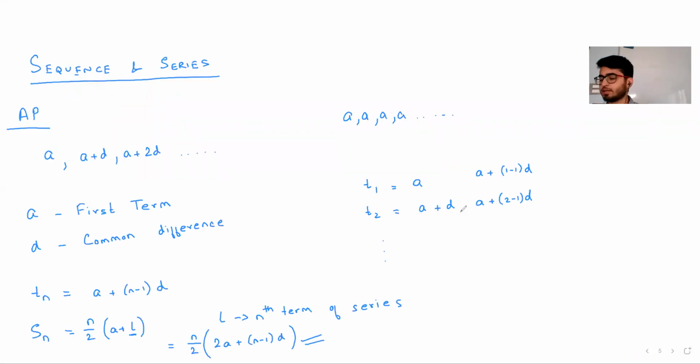Next, we have a geometric progression. In a GP, the terms look in this way: A, AR, AR square, AR cube, and so on. So the nth term is A R to the power n minus 1. Again, you could try this out in a similar way to what we did here.